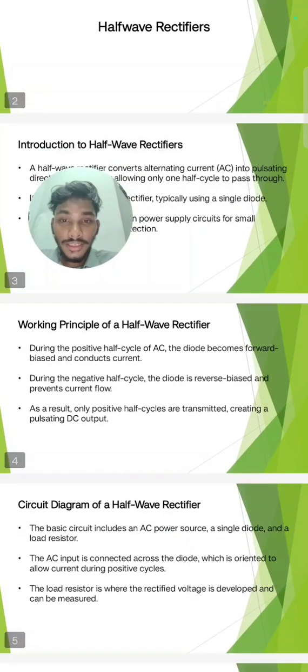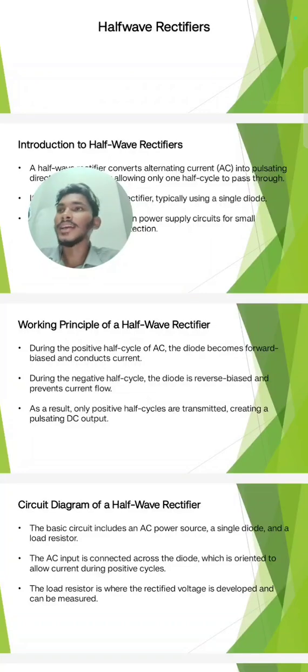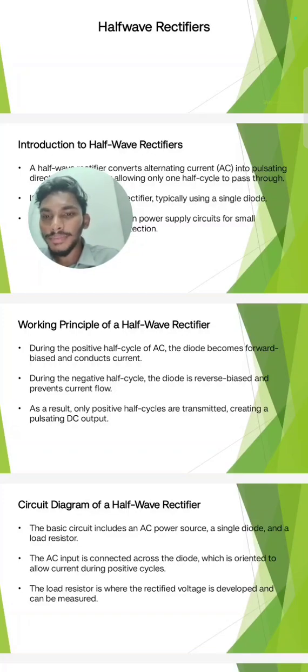When it comes to the types of half-wave rectifiers, there are mainly two types. Type 1, the uncontrolled half-wave rectifier, uses a normal PN junction diode, and the output depends purely on the AC input waveform. That is simple diode plus load.